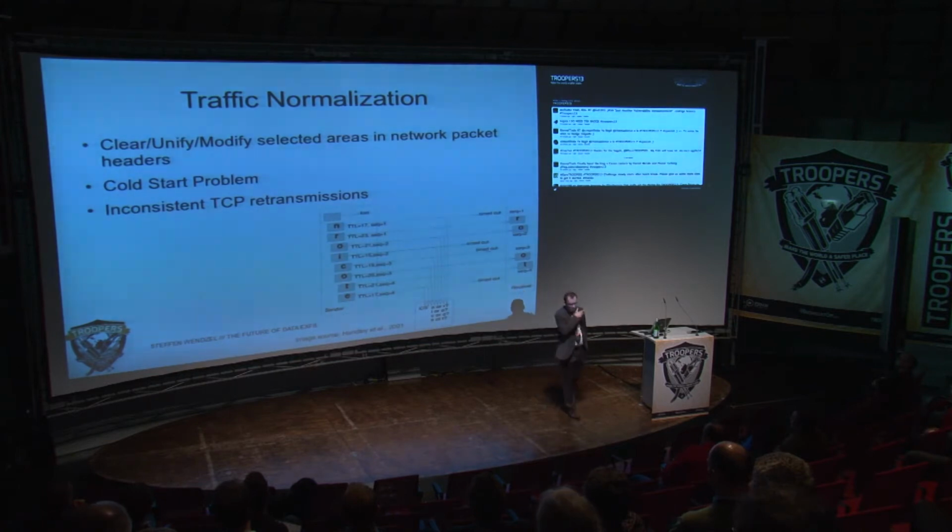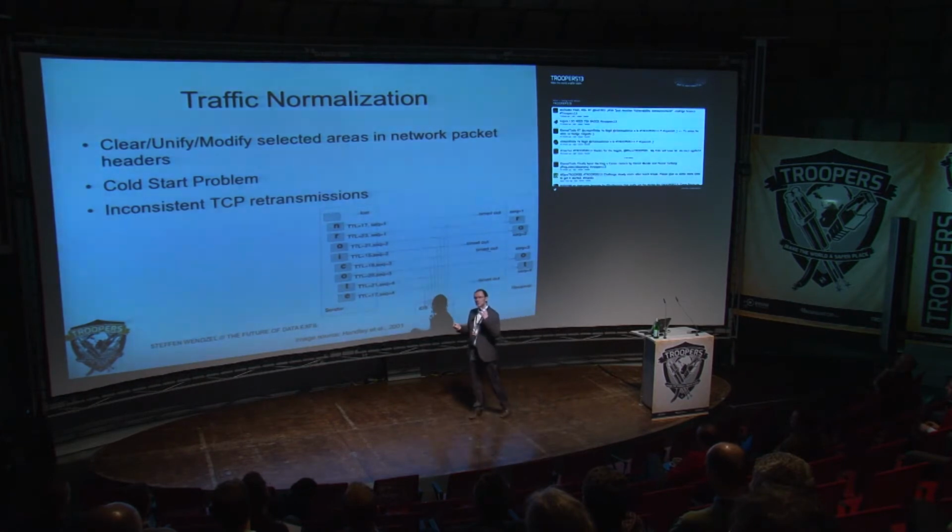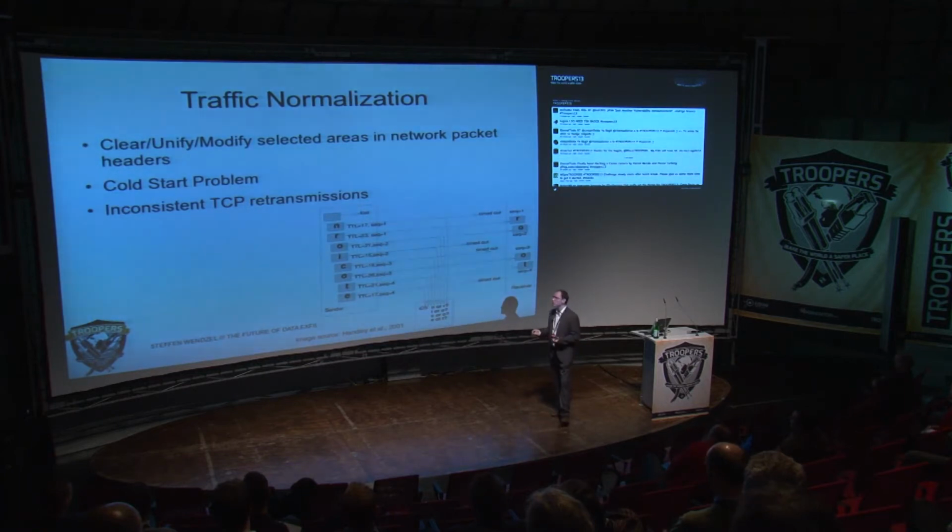And a more recent approach, but actually also from the 90s, late 90s, are traffic normalizers. They were not designed to prevent covert channel communication, but they are very efficient for covert channel prevention.